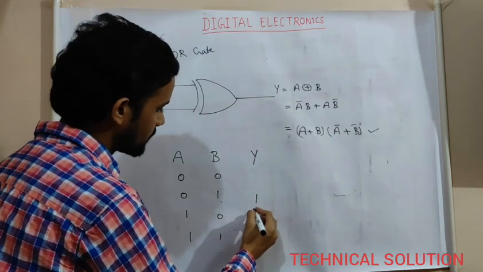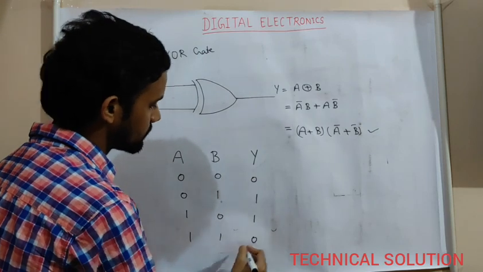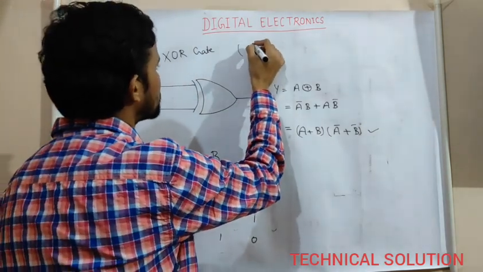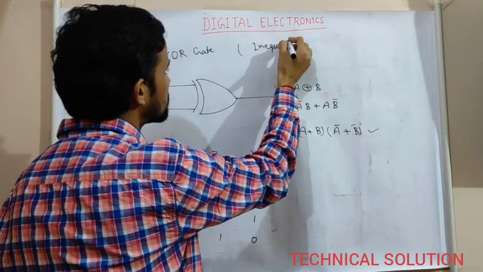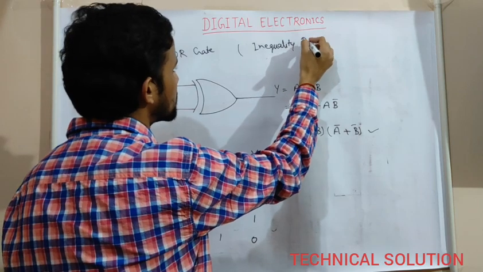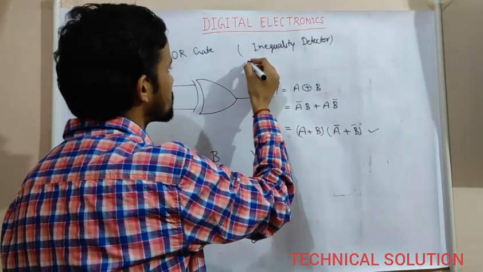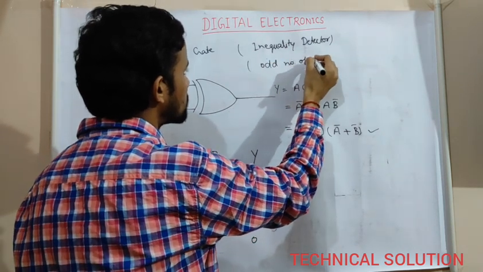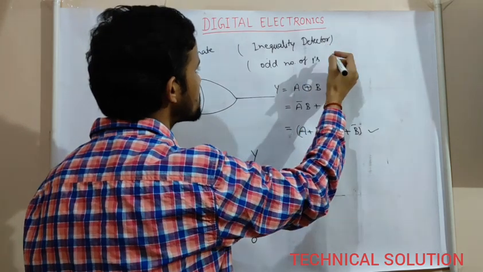Here 1 and here 1, here it is 0 and 0. Or it is also known as inequality detector.